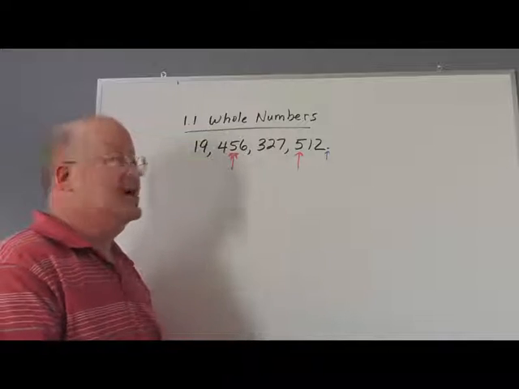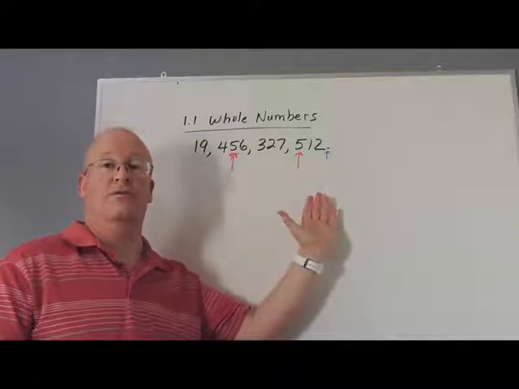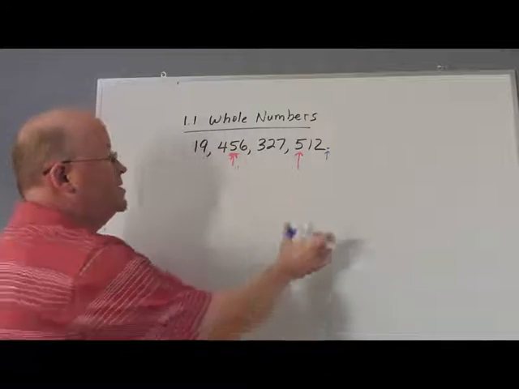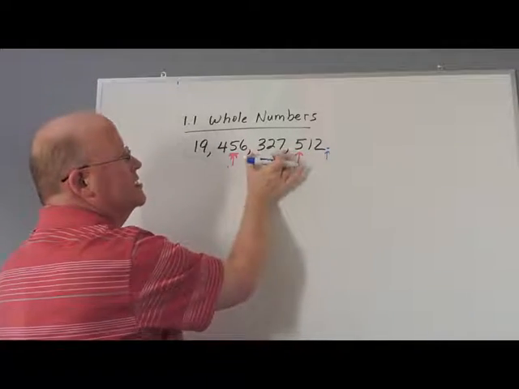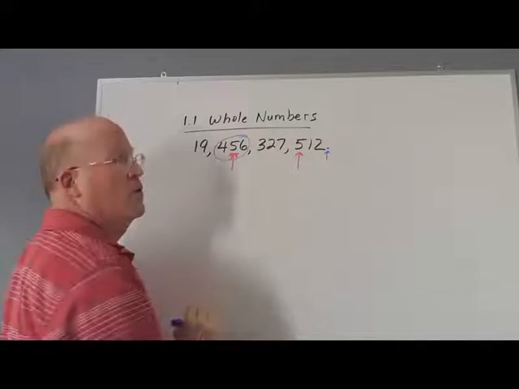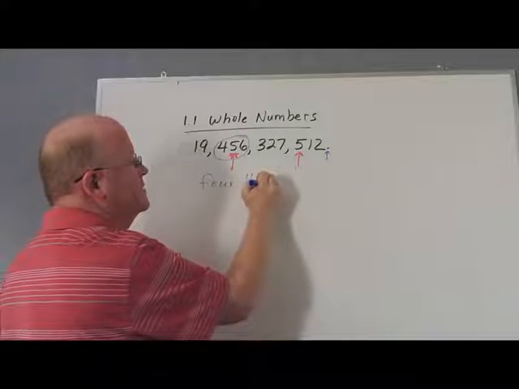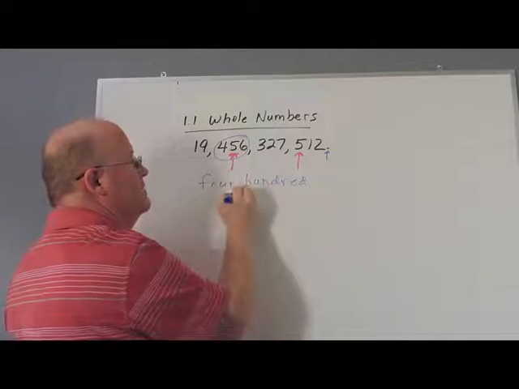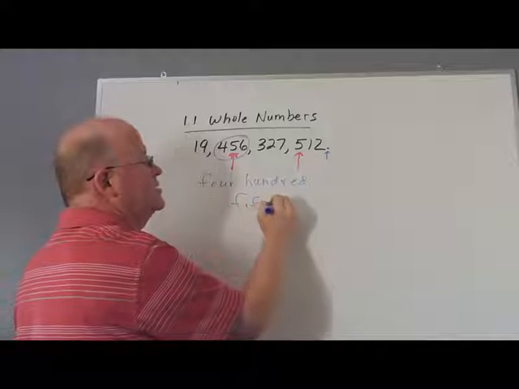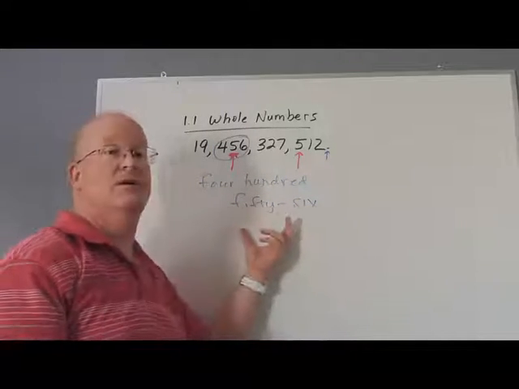When you start taking your numbers and writing them in words, we're not going to deal with a number this large, but watch how you write numbers, especially in these different groupings. When you're writing just 456, that's four hundred fifty-six. And notice how I'm going to write the dash between the 50 and the 6 because it's a 2-digit number.